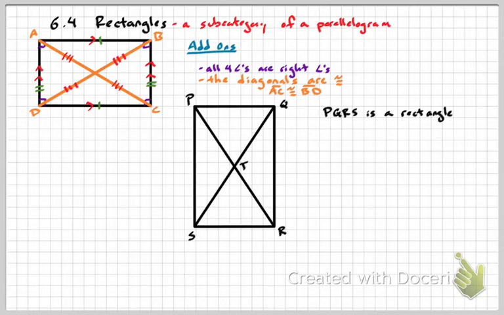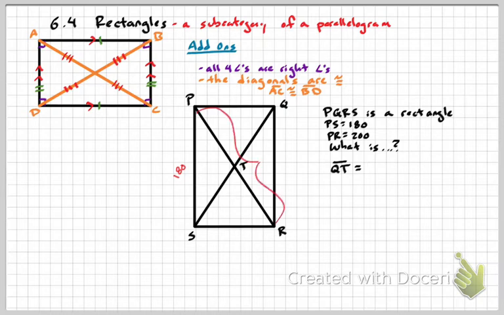So if I know that this is a rectangle, and I know that PS is 180 and PR is 200, what is the length of QT? So again, PS would be 180, PR, so that's this entire length right here, is 200.